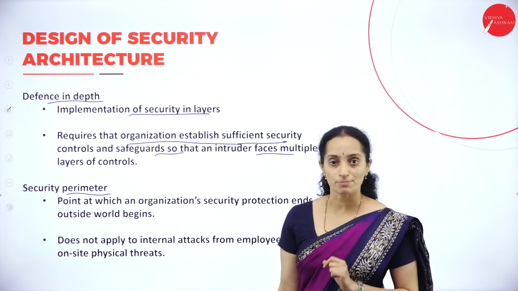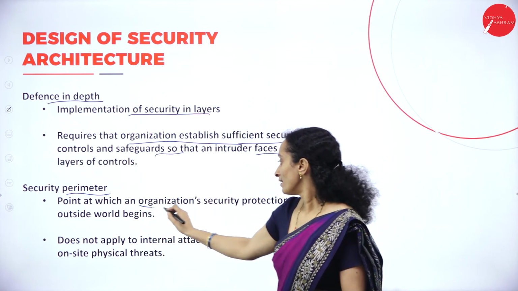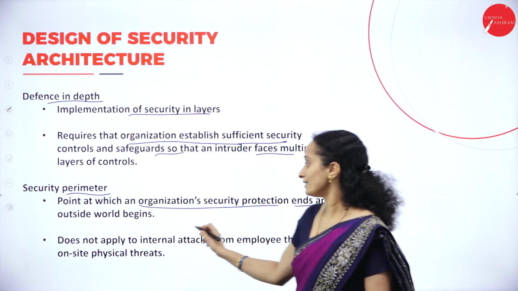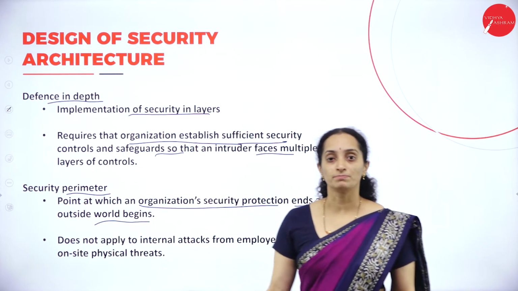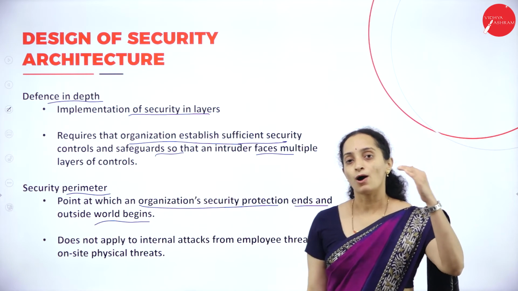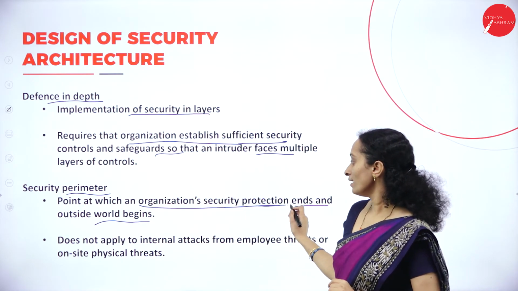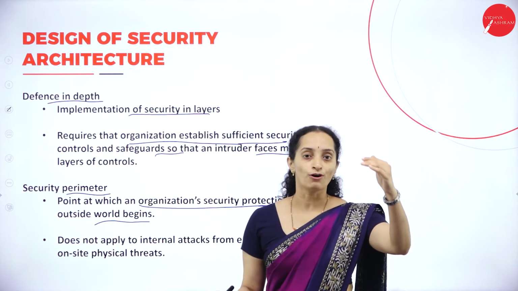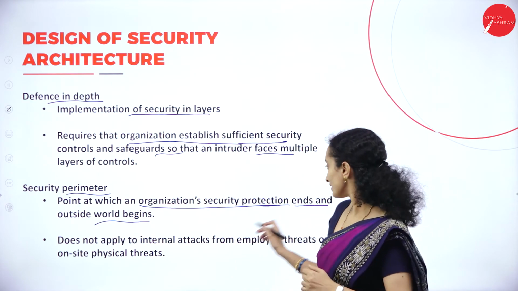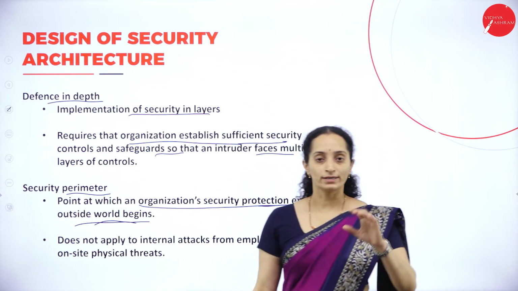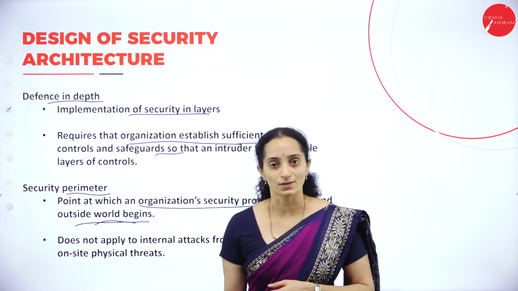Apart from that, the security perimeter. What the security perimeter suggests is the point at which an organization's security protection ends and the outside world begins. Till how much can the data be secured? What is the border or threshold of security in the organization, and what data can be accessed from outside the organization?